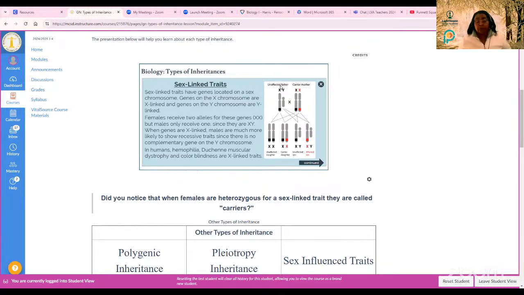So one goes in one cell and the other goes in the other. And in the case of sex cells or gametes, if you're a female, you have two X chromosomes to give. So each cell is going to have to get an X chromosome. But if you're male, you can give an X or a Y chromosome.